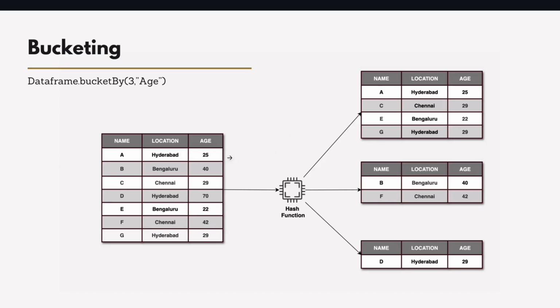So even though we have many different unique values, we only get 3 buckets, because the hash function makes sure that it divides all the rows into only 3 buckets, so whenever you perform any specific operation, only the partition related to that filter will be read. This is how bucketing helps.